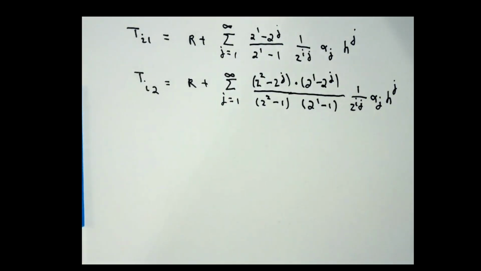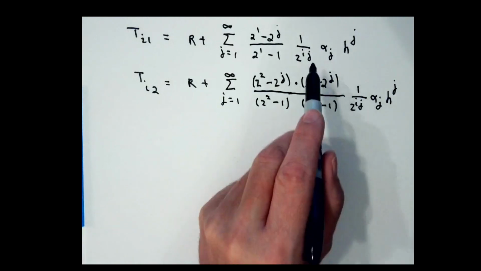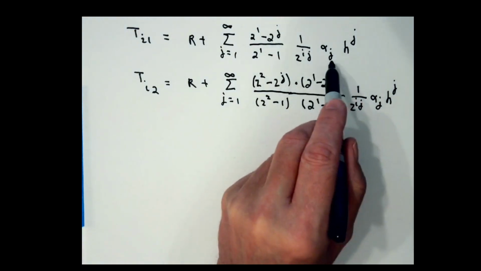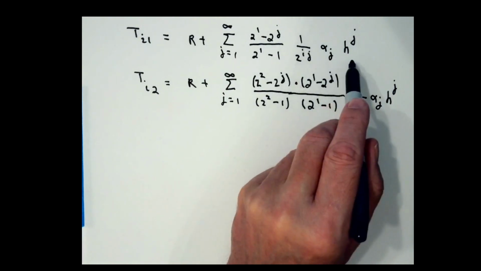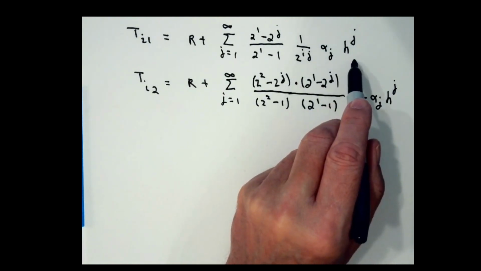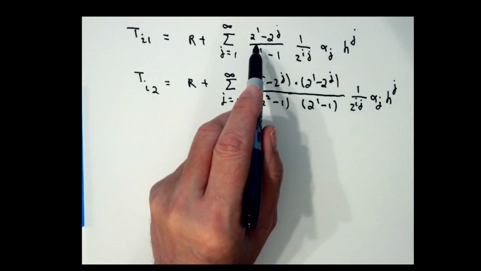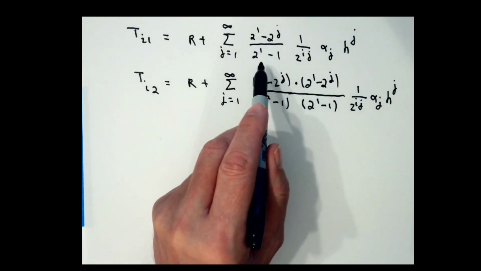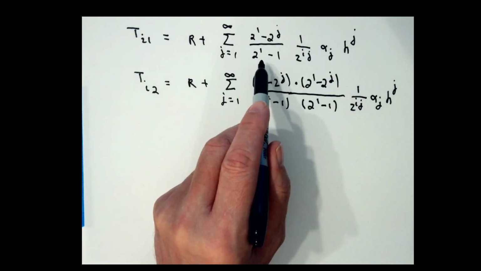This sum has factors in it. There's a 1 over 2 to the ij power, there's alpha sub j, h to the j, and in addition, there's this fraction 2 to the 1 minus 2 to the j divided by 2 to the 1 minus 1.